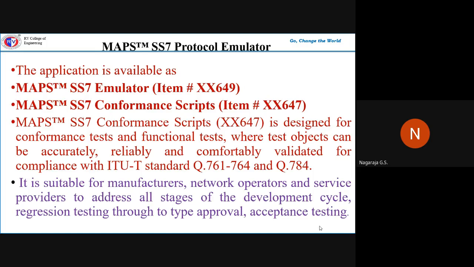Similarly, we have MAPS TM SS7 conformance scripts item XX647, and we have one more version, that is an SS7 conformance scripts XX647, designed for conformance test and functional test, where test objects can be accurately, reliably, and comfortably validated for compliancy with ITU-T standards relating to the protocols Q.761 to 764 and Q.784 protocol.